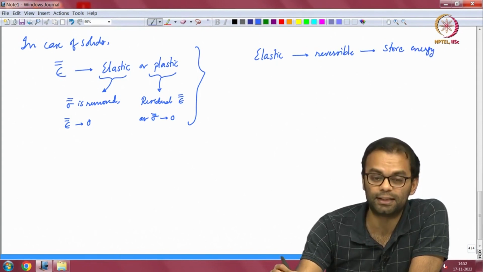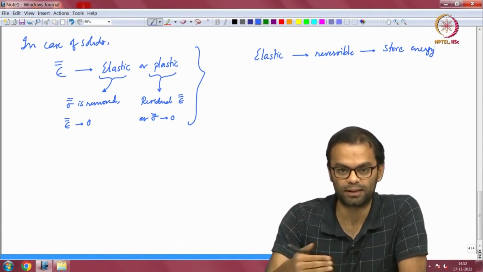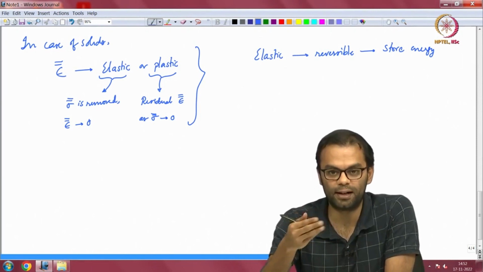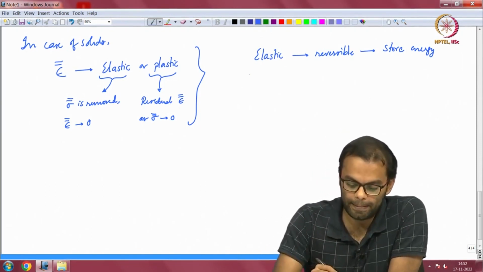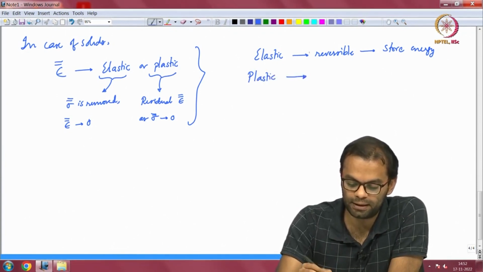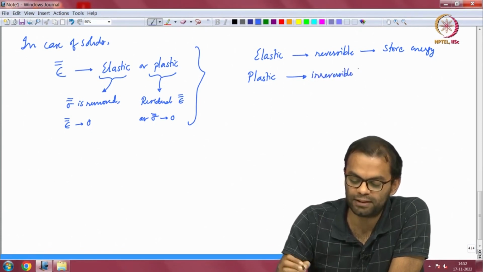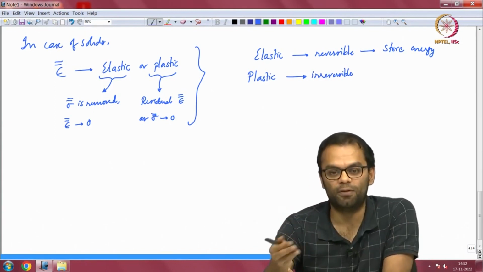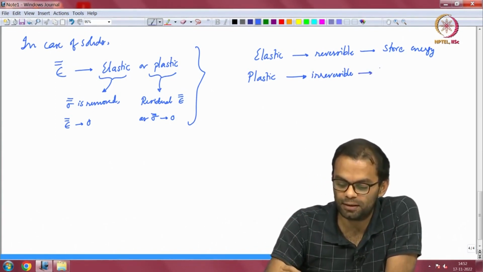So if you have an elastic strain and you have a corresponding stress developed in the material of the solid, then the potential energy of the solid goes up. But on the other hand, you can have plastic strains after stresses are removed. So you do not have a strain energy, you have some energy that is dissipated in the process of plastic deformation. So this is dissipated energy.